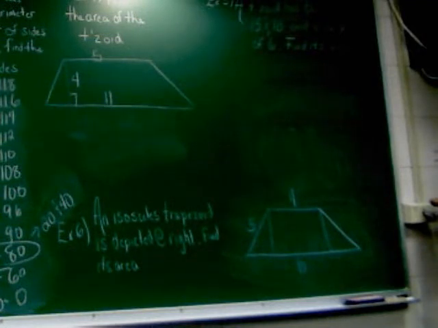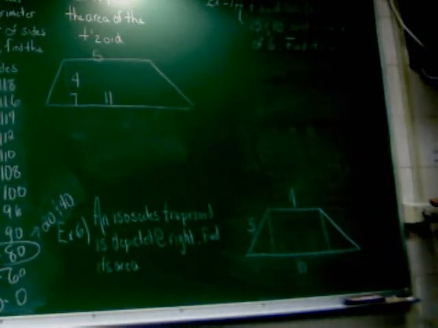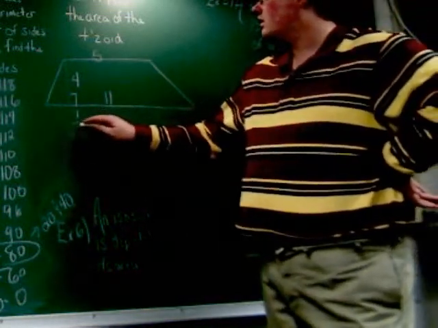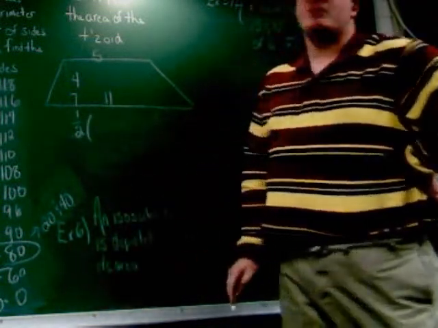Find the area of the trapezoid. All right, so formula for area of a trapezoid, 1/2 times the sum of the bases times the height. So it starts off with 1/2 times the sum of the bases.